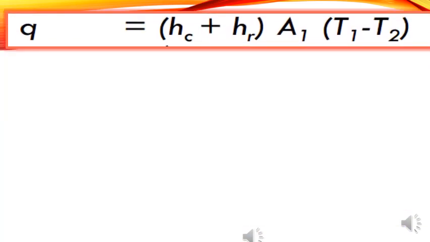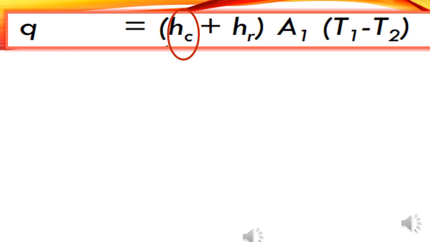Okay, let's begin with the HC. How can we determine the HC? So for your information, the convection part in this equation only refers to convection considered as natural convection only. We're not going to consider forced convection in combined radiation plus convection.